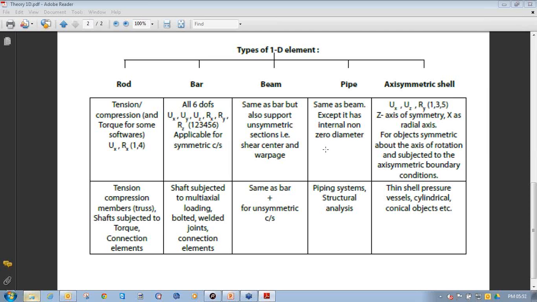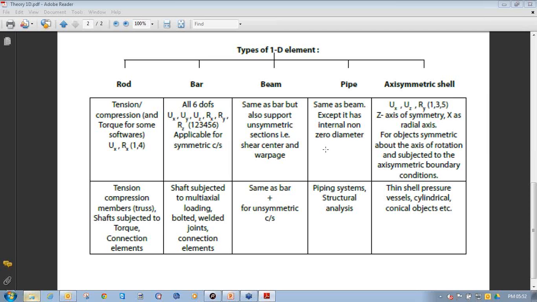Then we have one more type of 1D element, that is axisymmetrical shells. Axisymmetrical shells only support translation along x axis, translation along z axis and rotation about y axis, that is degrees of freedom 1, 3 and 5. That is the z axis for the symmetry and x axis as a radial axis.